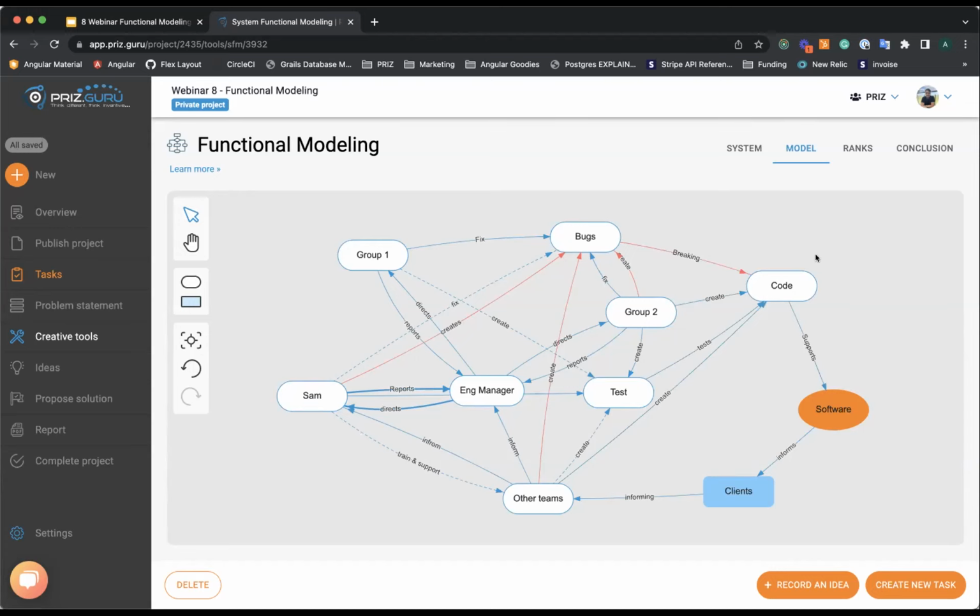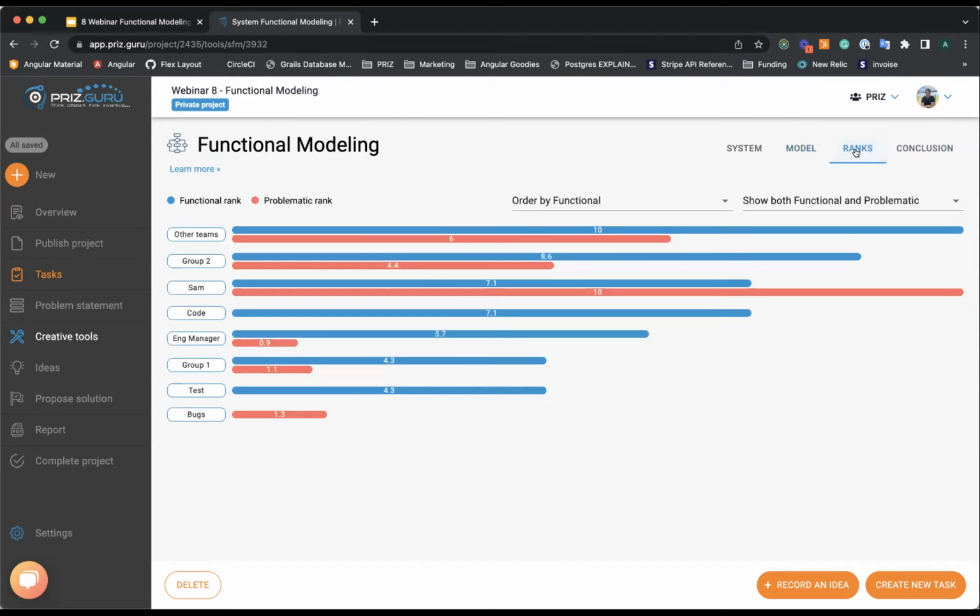Okay. Now, let's look for a second at the ranking that it creates. So in the ranking, this is the automated calculation. And as we talked about, there's a functional rank. So basically, the components that contribute the most to the quality, per se, for the product, for that piece of software.